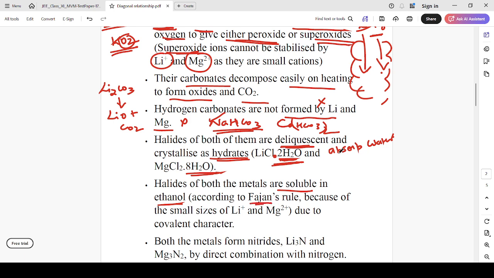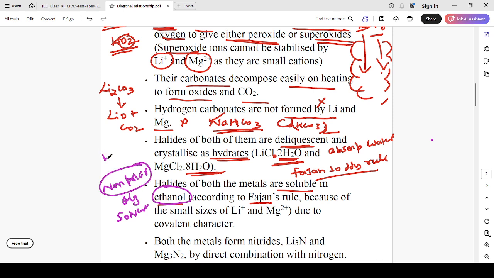According to Fajan's rule, what is Fajan's rule? The full name of the rule is the Fajan-Soddy rule. Why have they mentioned ethanol here? Ethanol is an organic solvent. Organic solvents are generally non-polar in nature, not like water.